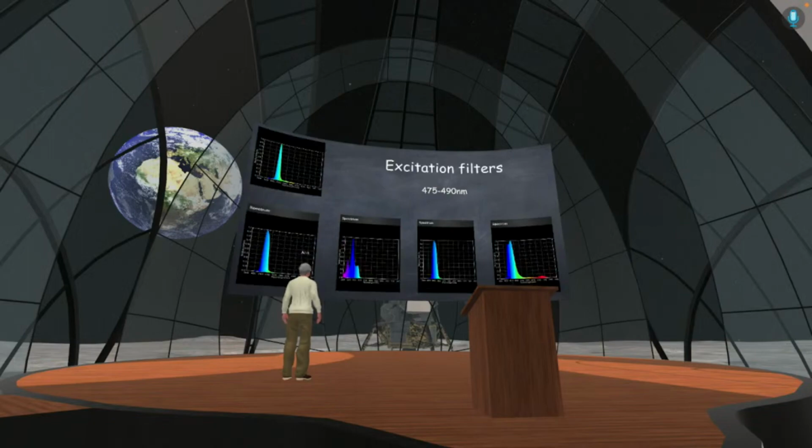I played a lot with different excitation filters because you might be surprised that they have a bandwidth, they have a peak of wavelength, and they have a level of transparency. So here in the picture are 5 of my attempts, from Semrock, Chroma, Leica, Omega, all reputable brands.